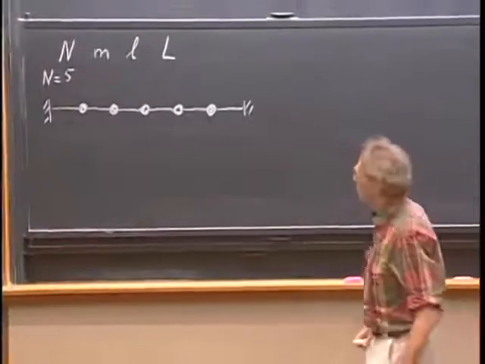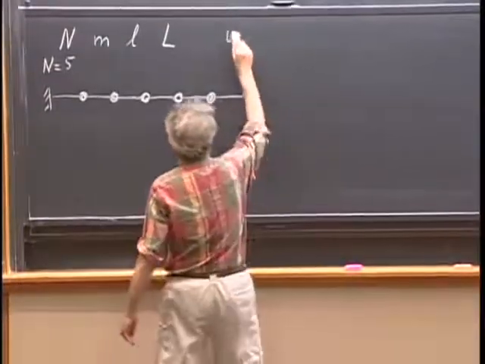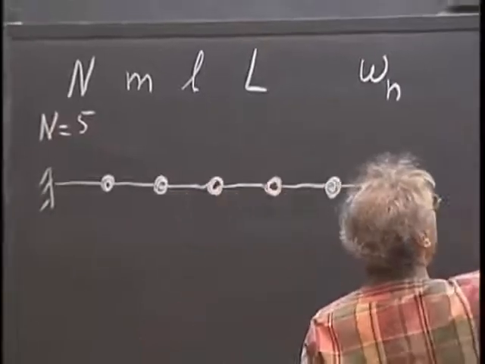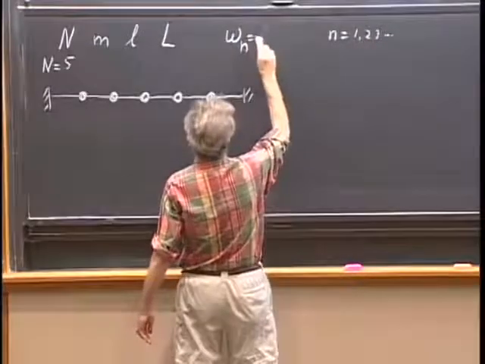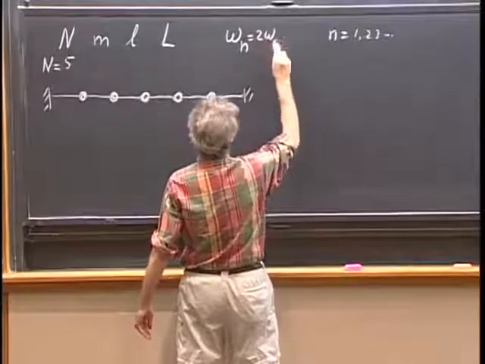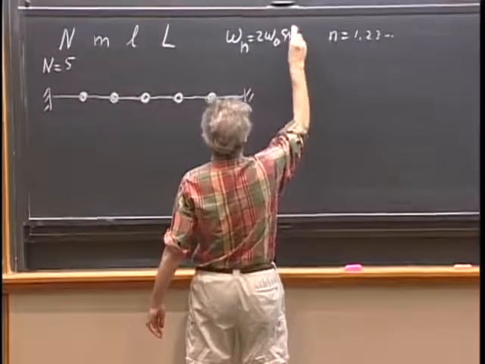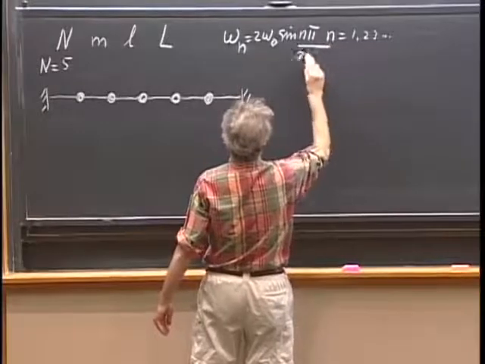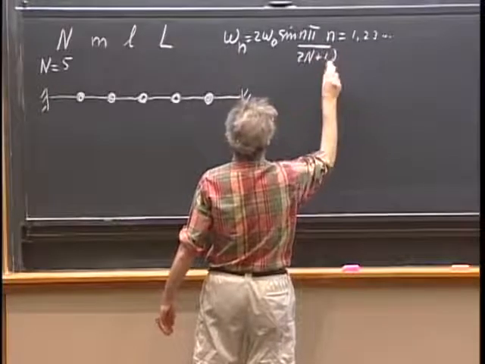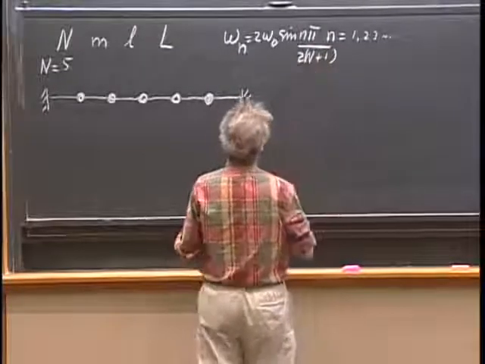The general result is that the normal mode frequencies, in terms of n being 1, 2, 3, etc., equal 2 omega 0 times the sine of n pi divided by 2(n plus 1). I don't want you to remember that.